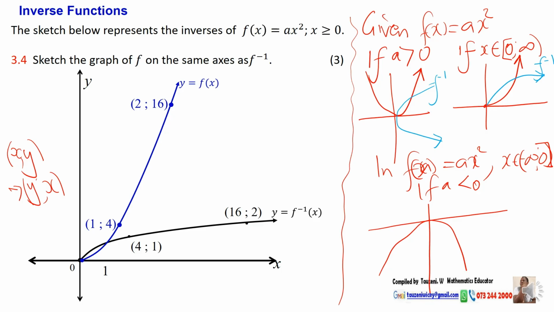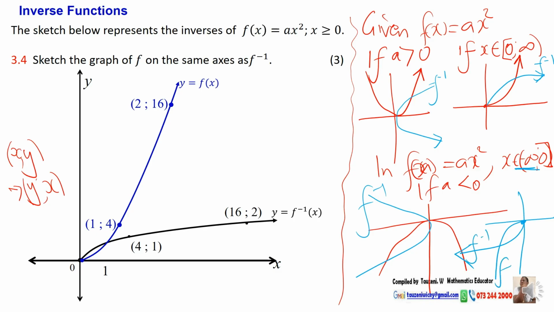This is the full parabola with no restriction. Then the inverse will also be full on the negative side. But if the domain is restricted, from negative infinity to 0, then we expect our graph to be just a piece like this. Then the other one will also be a piece like that. So that will be my function and its inverse.